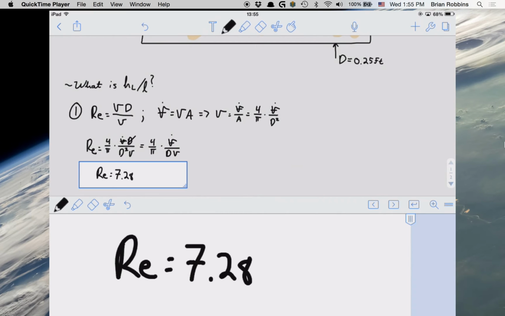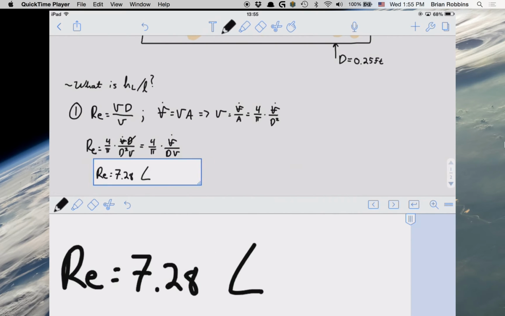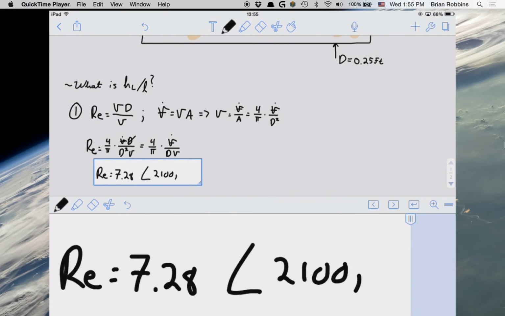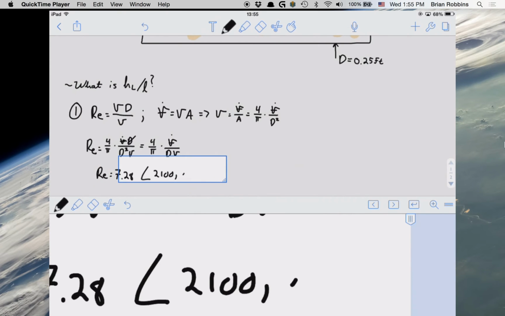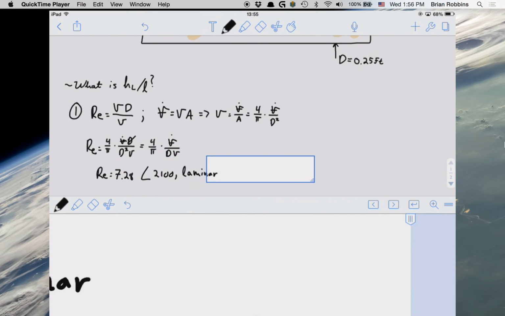It's significantly smaller than 2100, which means that for this particular case we have laminar pipe flow. Since we have a Reynolds number that's less than 2100, we have laminar flow.